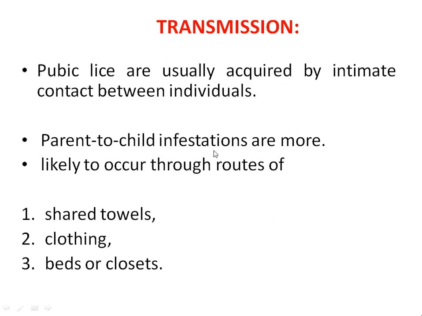Parent to child infestations are also likely to occur. The routes through which pubic lice are transmitted from one person to another are sharing towels, sharing clothes, and sharing beds, mattresses, and bed sheets. By sharing all this, one can easily get the transmission from one person to another.